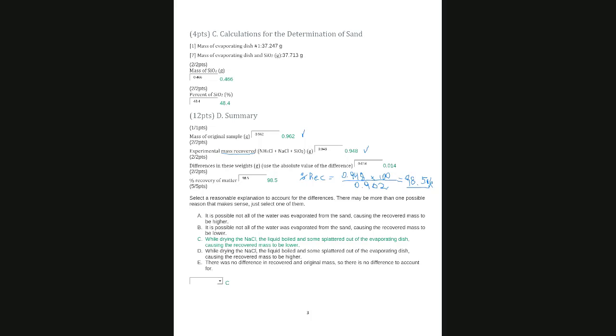It's only going to be lower than 100% if you lost matter. So in my case, I picked C. While drying the sodium chloride, the liquid boiled and some splattered out of the evaporating dish, causing the recovered mass to be lower.